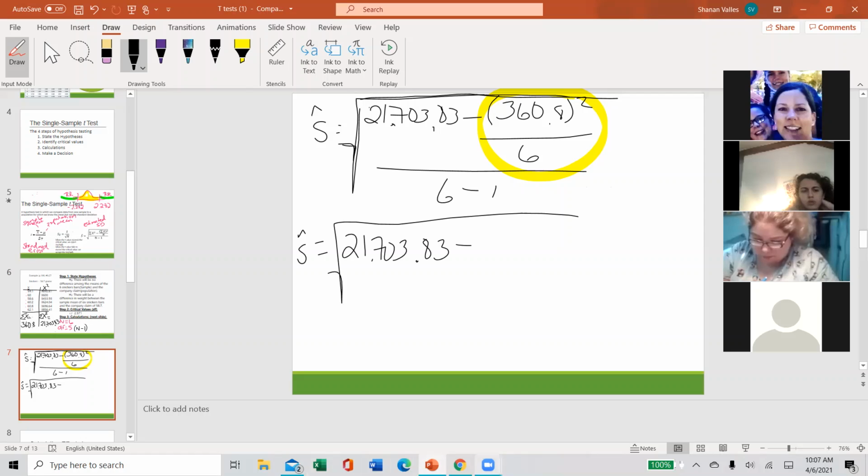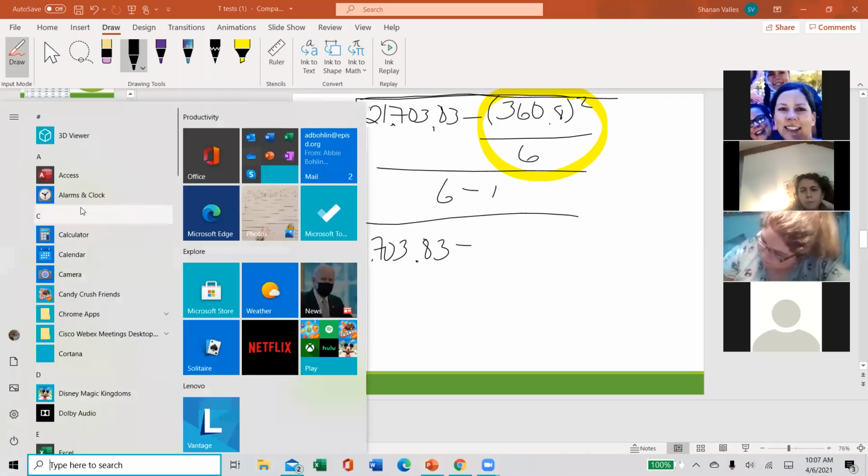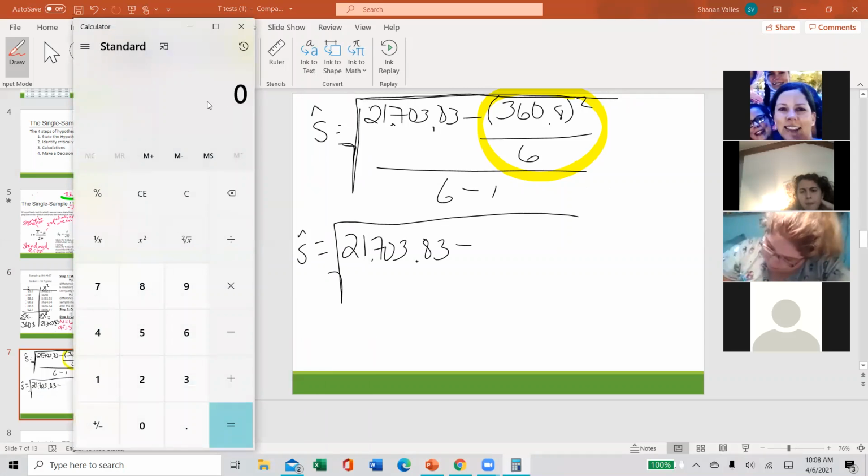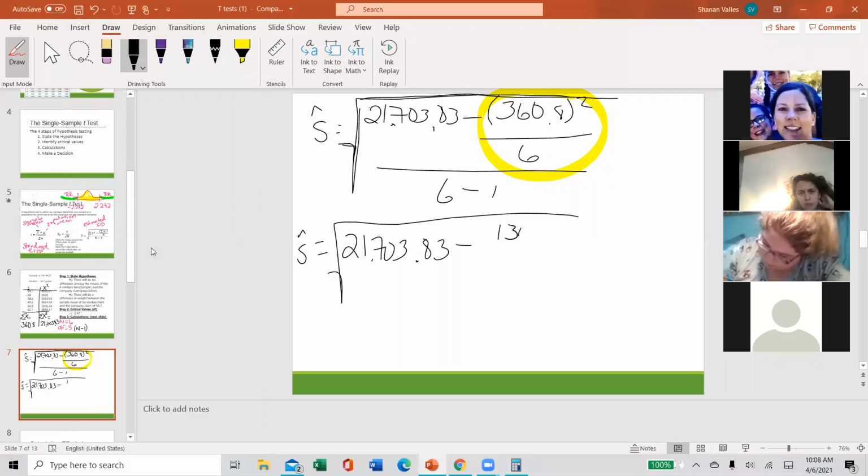Where'd my calculator go? Okay, 360.8 squared is this huge number. Technically, it would go right here, and we'd divide it by 6.